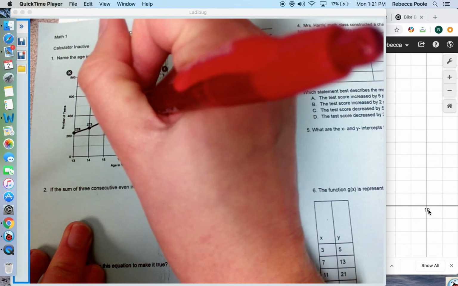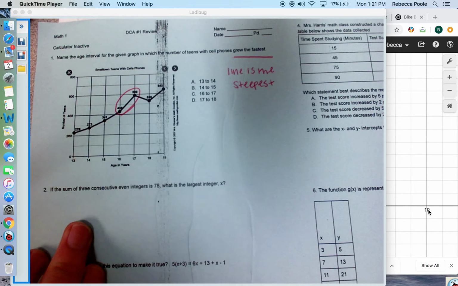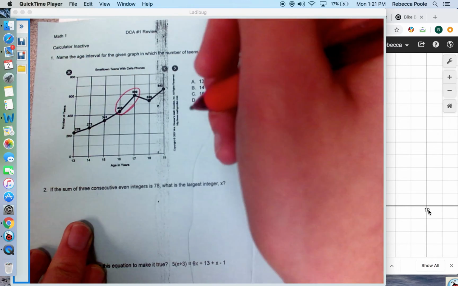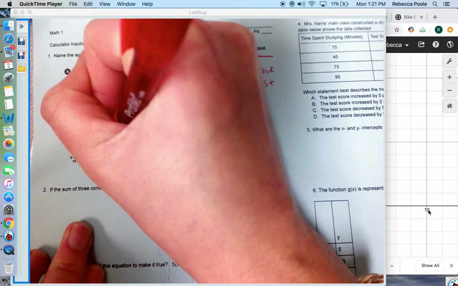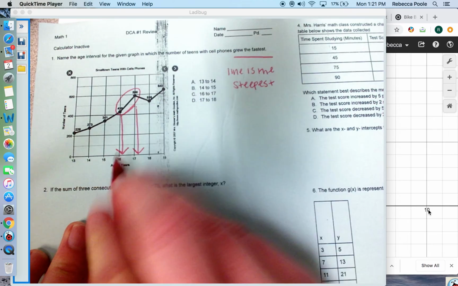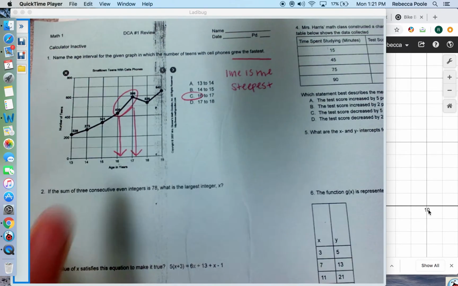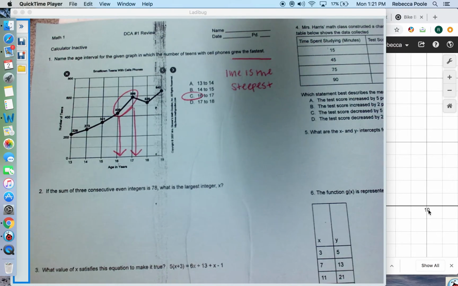Hopefully you would look at this graph and see that it would be this interval right here. And if you look down at the ages, because it's talking about the age, the interval would be from 16 to 17. So that is where the number of teens grew the fastest.